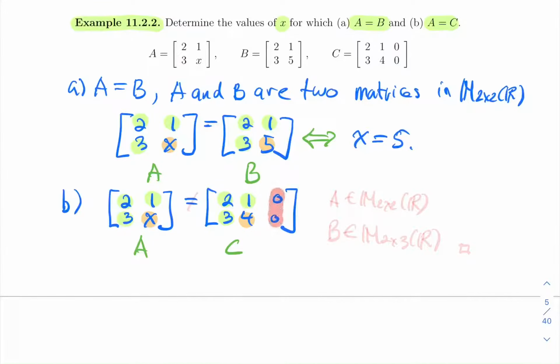Even if these zeros feel redundant, these two matrices are not the same size, so they cannot be equal. A is a 2 by 2 matrix and C is a 2 by 3 matrix. So not the same size, they cannot be equal whatsoever. Okay, so it's sad, but that's it. Not the same size, not equal.